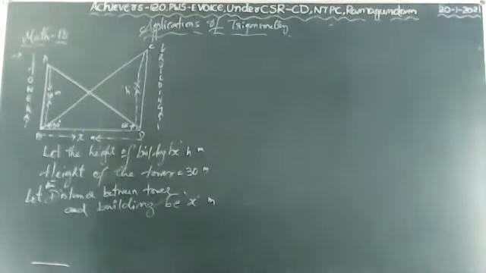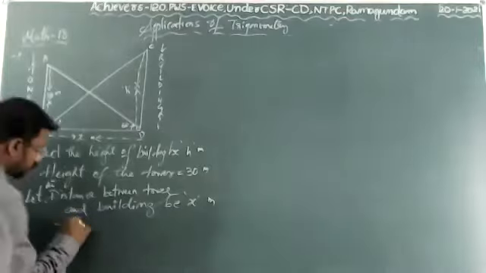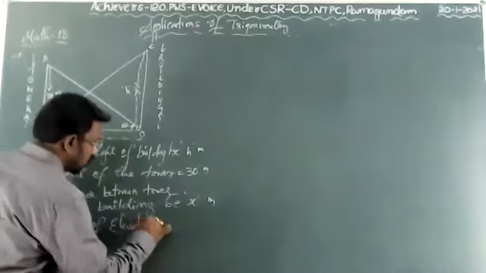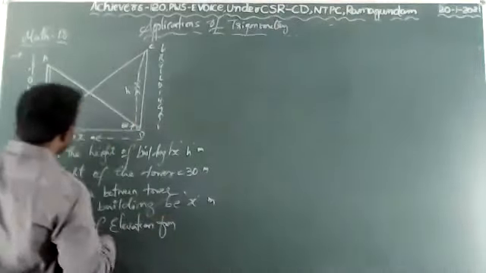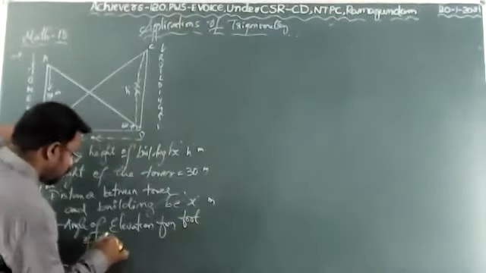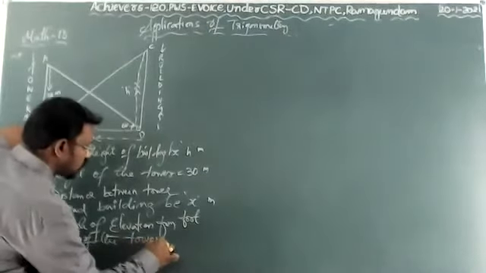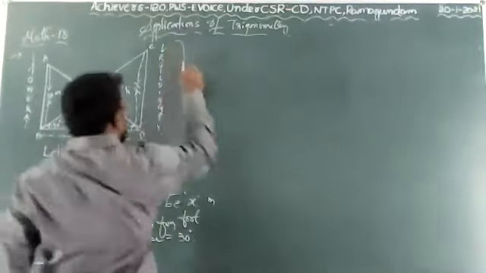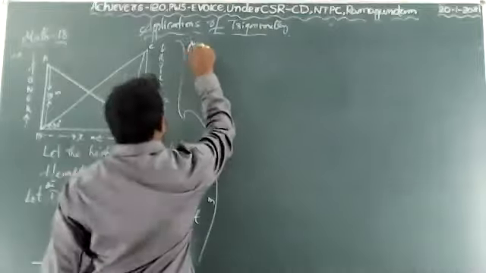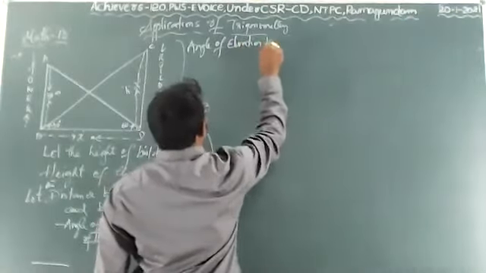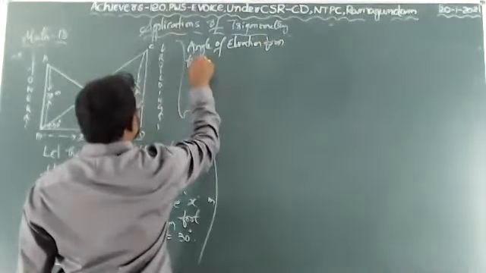Let the distance between tower and building be x meters. And the angle of elevation from the foot of the tower be 30 degrees. Angle of elevation from the foot of the building.